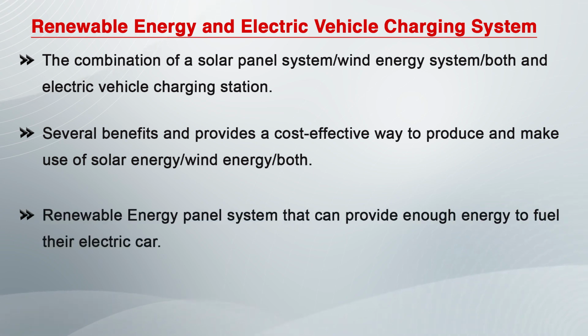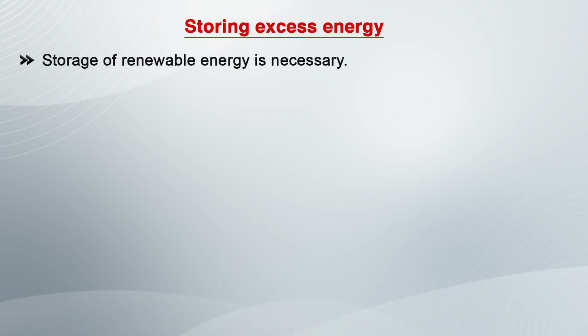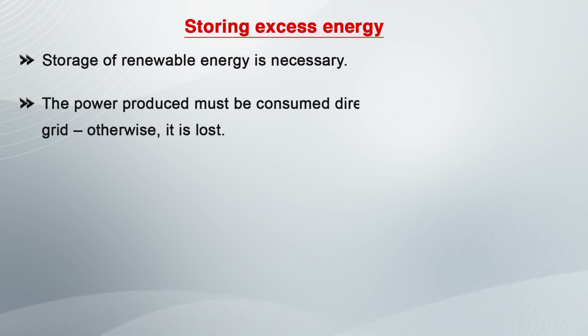You can provide the customer with the type of renewable energy panel system that can provide enough energy to fuel their electric car. Next is storing excess energy. Storage of renewable energy is necessary, otherwise the power produced must be consumed directly or fed into the public grid, otherwise it is lost.